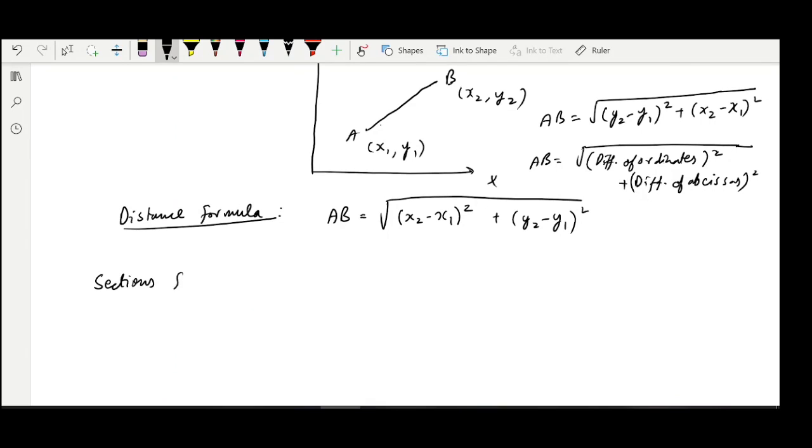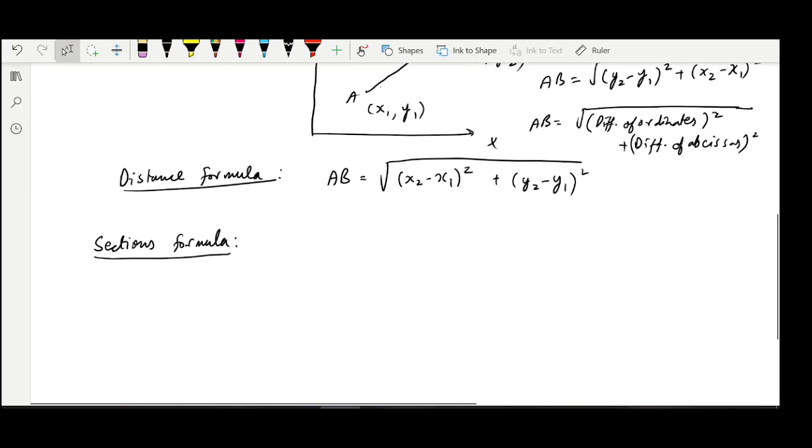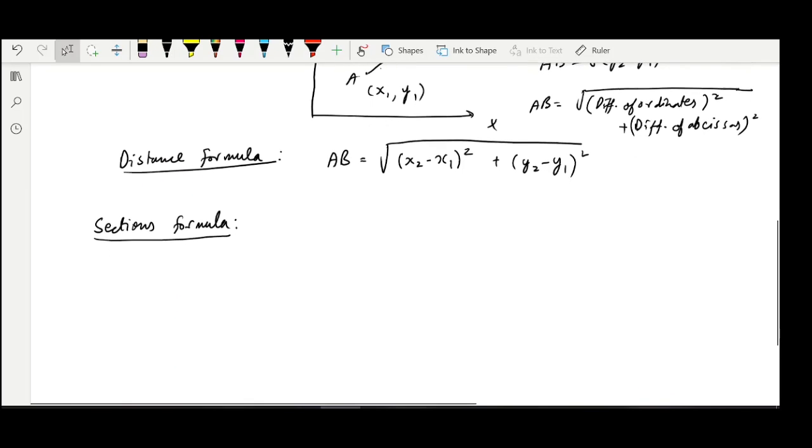The section formula tells us how a point divides a line into two parts.